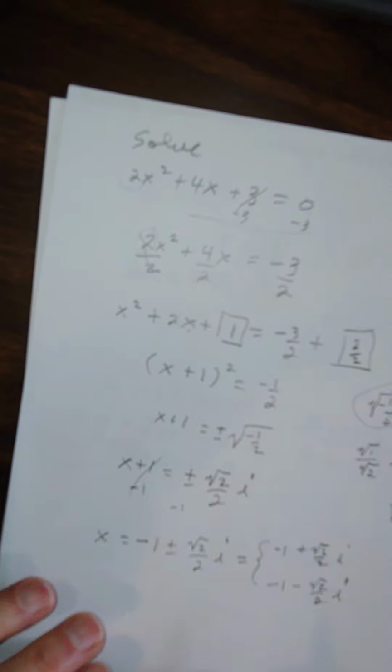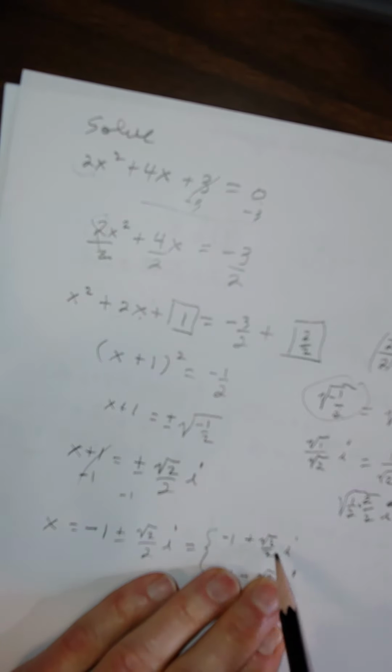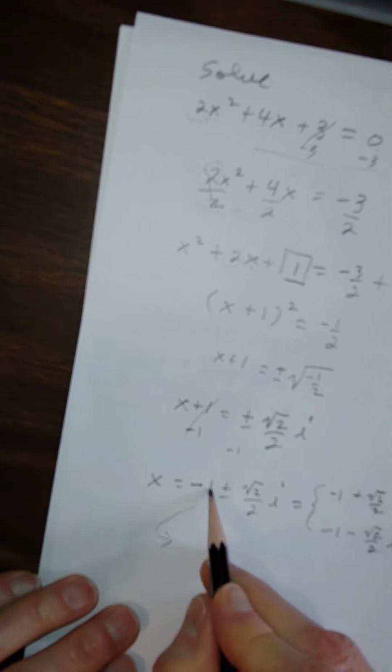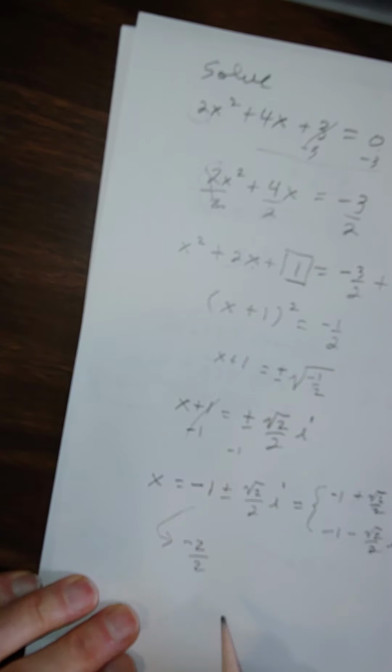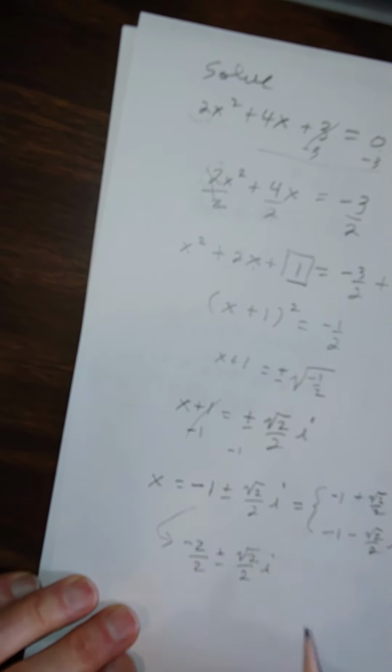So we got two complex answers. Remember, the top one, the real part of the complex number is negative 1, and the imaginary part is the square root of 2 over 2. Remember that? This answer could also be written like this. You could write that negative 1 as negative 2 over 2, plus or minus the square root of 2 over 2 i.